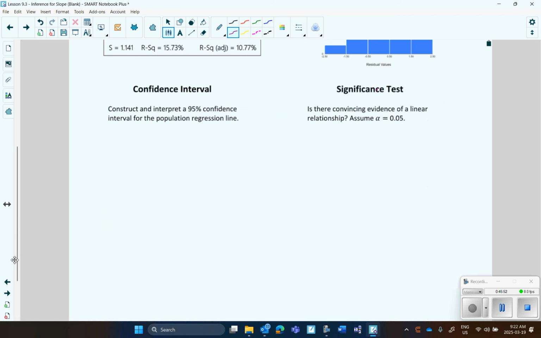So here, the state for each. Well, we've already done this when I showed you the detailed way.